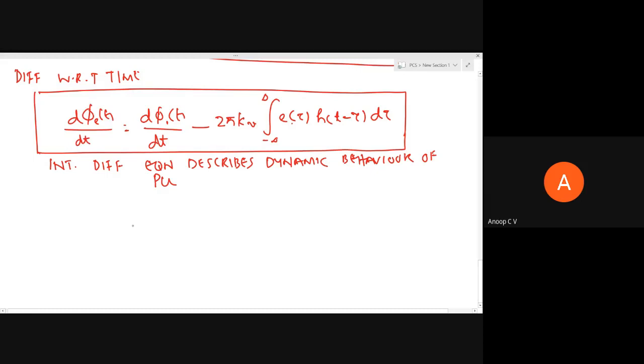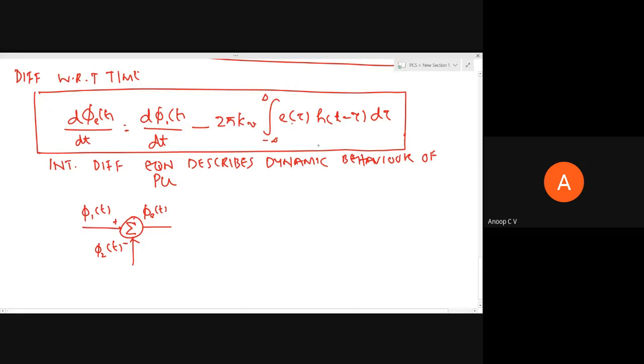Maybe I have a summing block, and to one input I give phi 1 of t, and to the other I give phi 2 of t. This is plus, this is minus. So the output I get will be phi e of t.